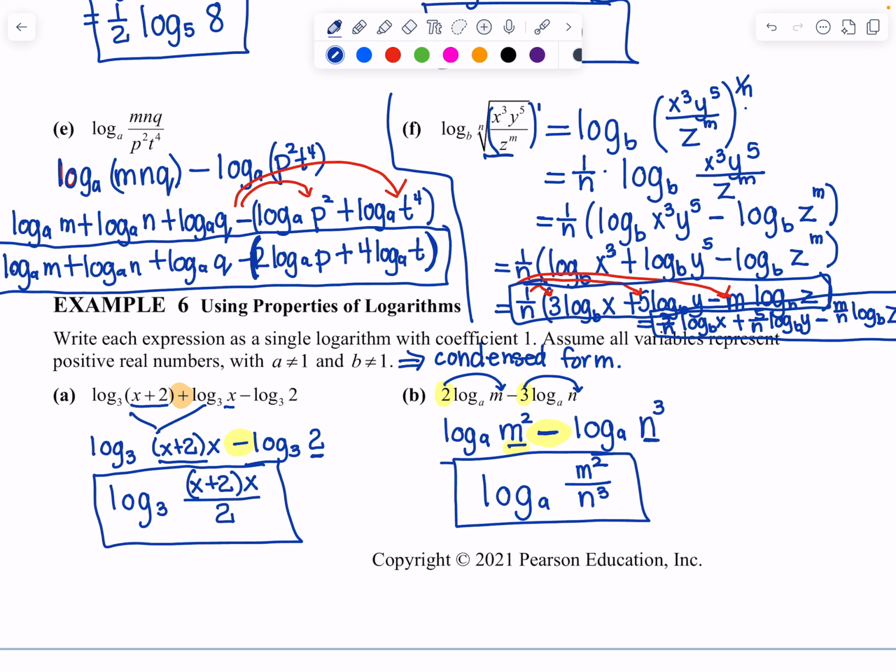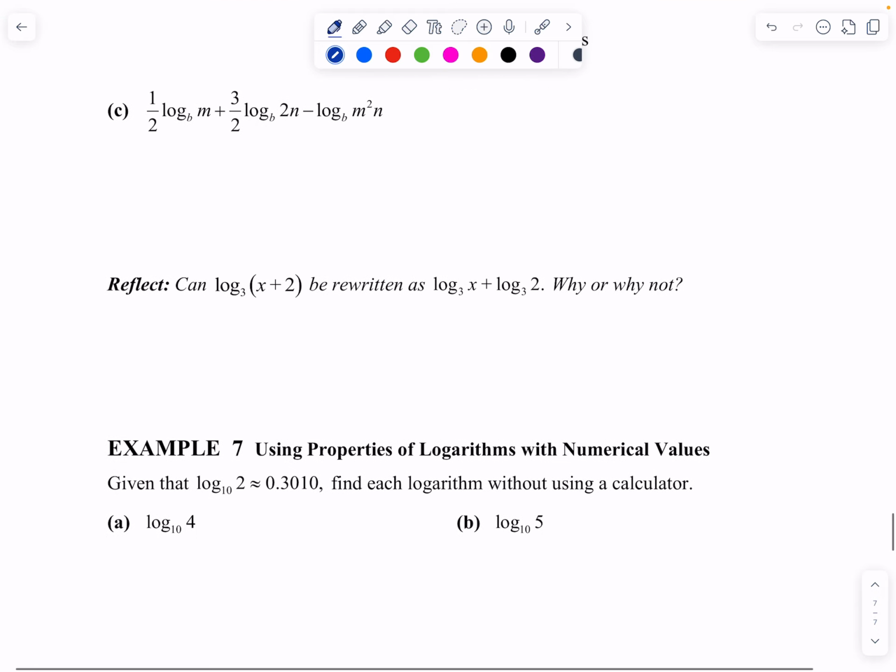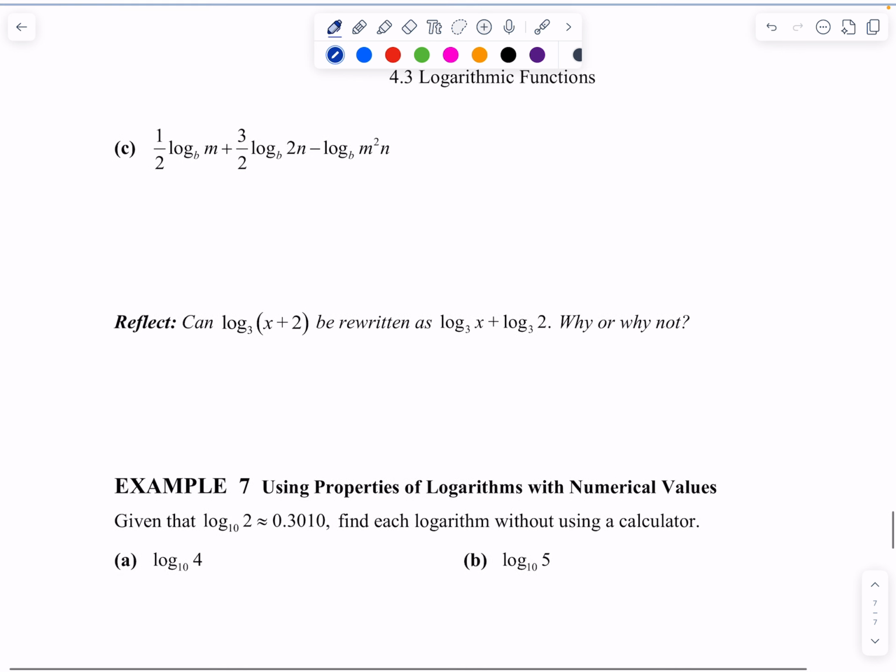Okay? The next one. Y'all see, you should see a lot of things here, right? Once again, you should see a lot. I see addition, I see subtraction, I see numbers in the front of the log statement, which once again mean power, right?